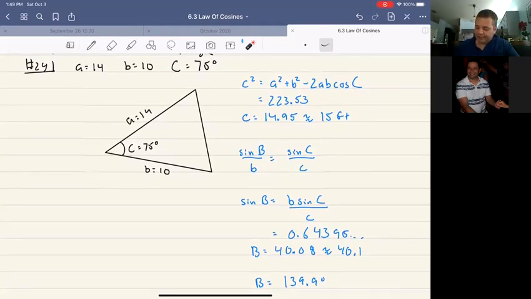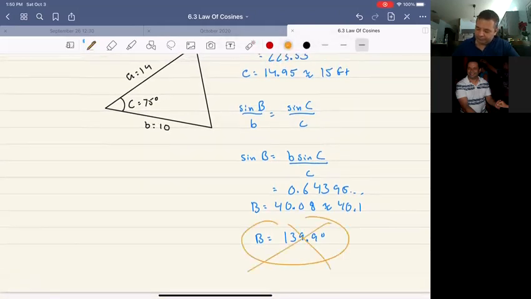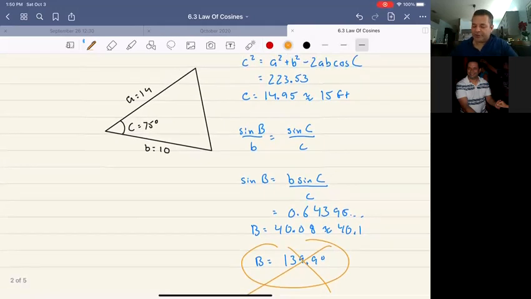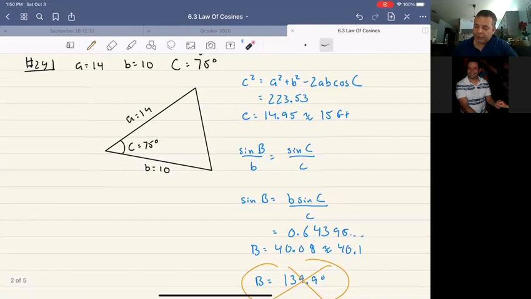One, this 139.9 plus 75 degrees is going to be over 180. Too big. Another reason is that C was 15, so angle C has to be the largest angle because C is the largest side.